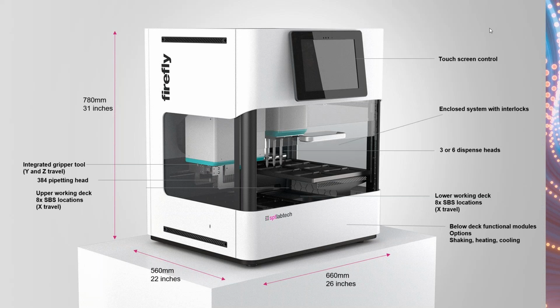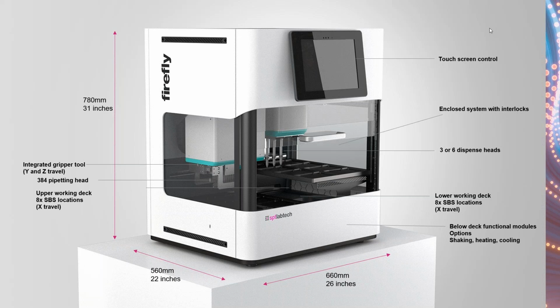On the left-hand side, we have a shaker and a plate heater cooler position. And on the right-hand side, we also have the option for a heater cooler for the reservoirs for the dispense system. So essentially those 3 or 6 syringes on the dispense system can aspirate from reservoirs that are held below the 2 operational decks.